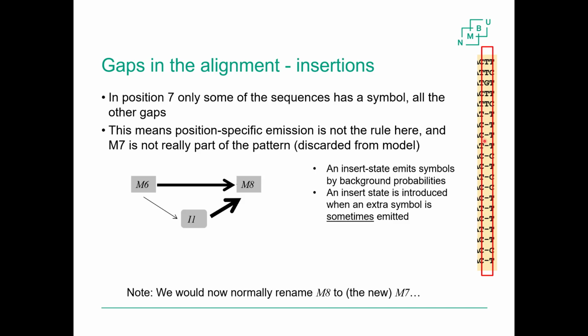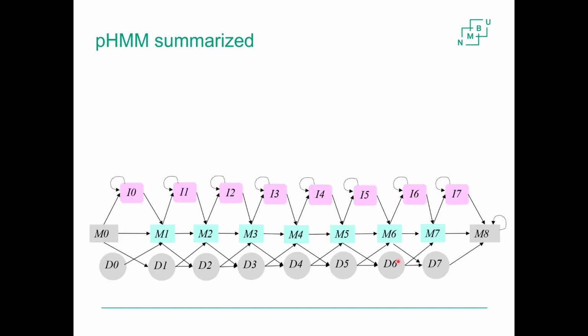It looked like 8 because we had these gaps, right? But you have to realize that gaps are not really a part of the sequence, right? That's just something we introduce when we align them. So most of the members of this pattern had 7 symbols. A few of them had 8. So now we have 7 match states.